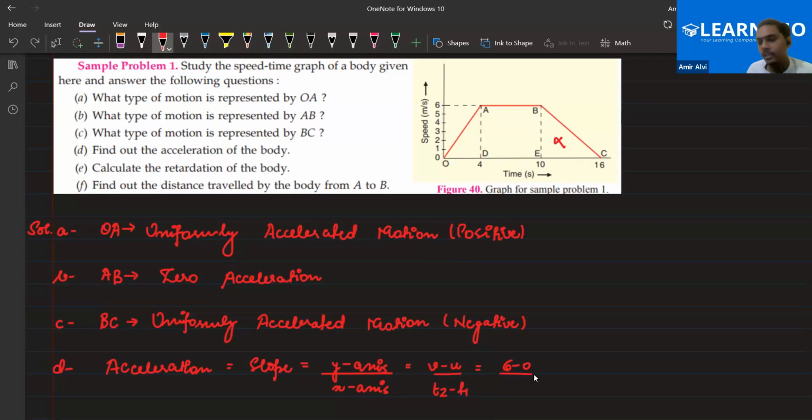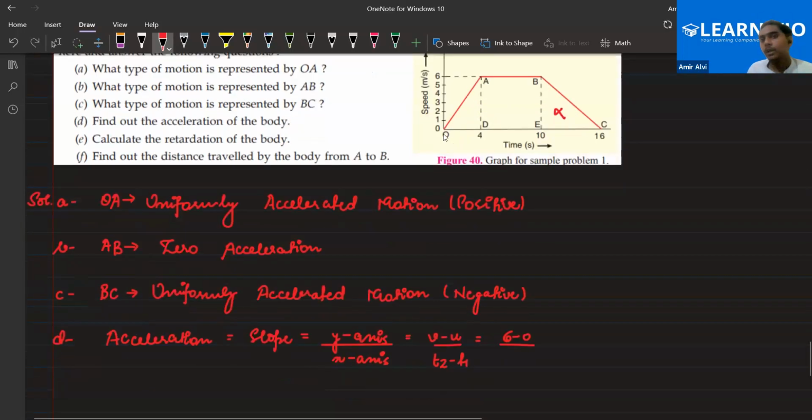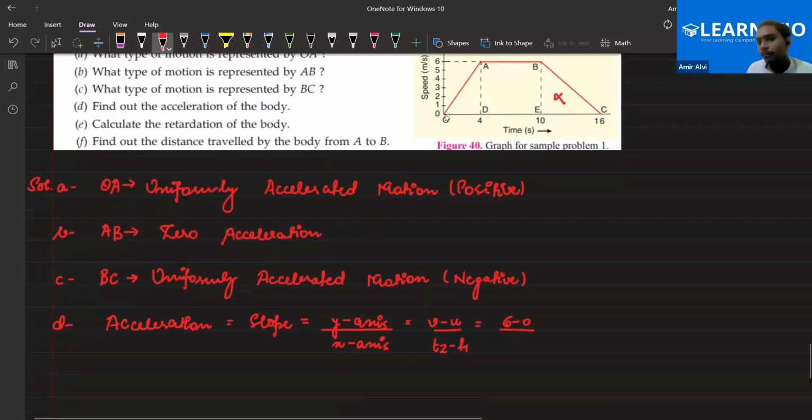This graph is nothing but an interval of time. So here, this is 4 minus 0. So the final time is 4 and the initial time is 0. So 6 by 4 is equal to, meter per second square. So this is coming out to be 3 by 2 meter per second square.